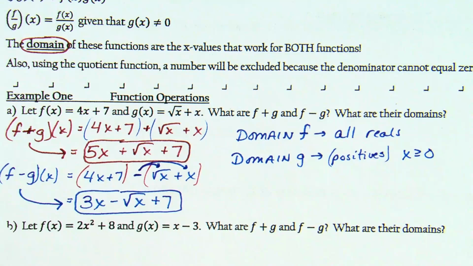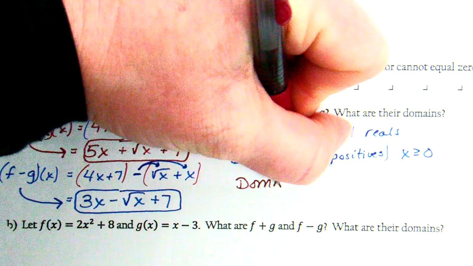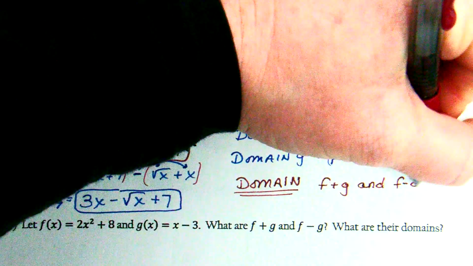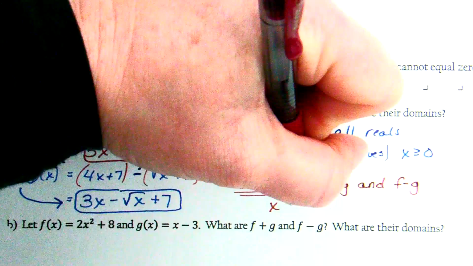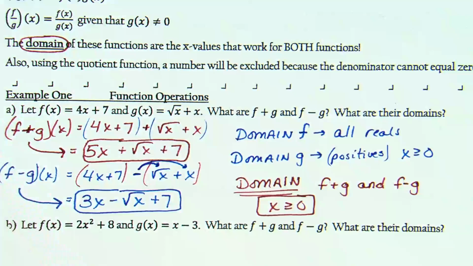So what does my overall domain have to be? x greater than or equal to 0, because I cannot have negatives. So the domain, for f plus g and f minus g, is x greater than or equal to 0. So always start off thinking individually about your domains. Think about f, think about g, and then usually it's just putting them together. If there's limitations on one, there'll be limitations on the final one.